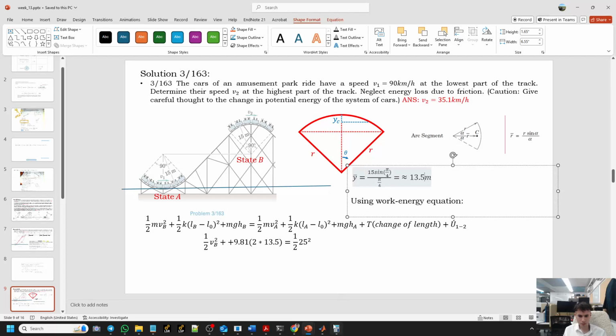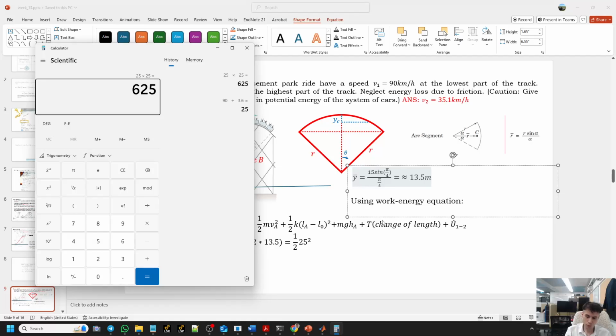You can do it on the calculator now, or I will show you. 15 times pi over 4, or 45. How much is the sine of this? So sine of pi over 4 is 0.707, and I just press equal.